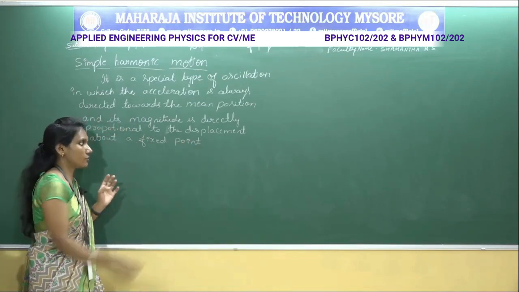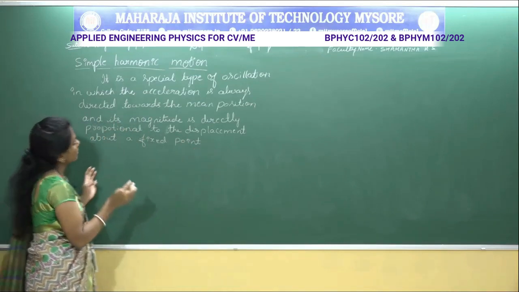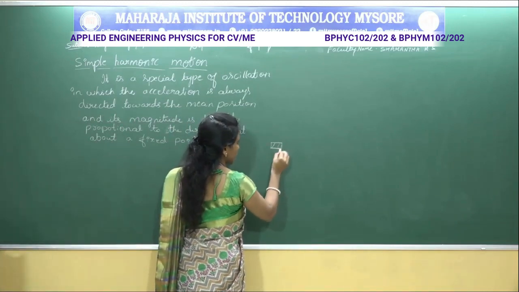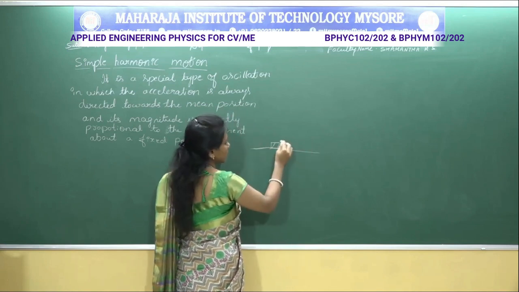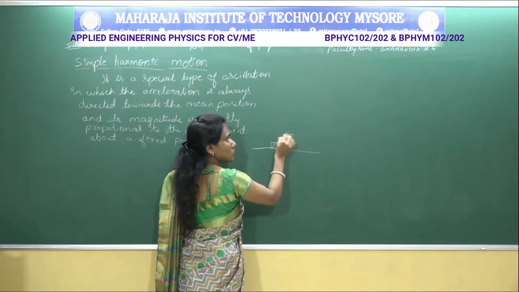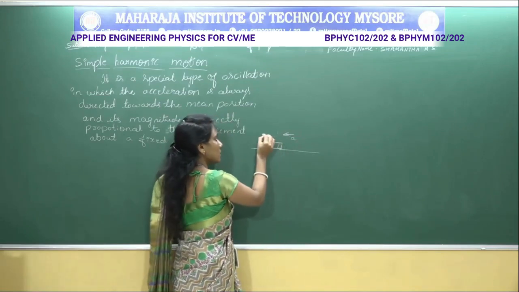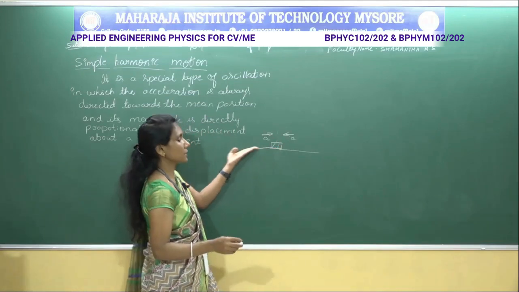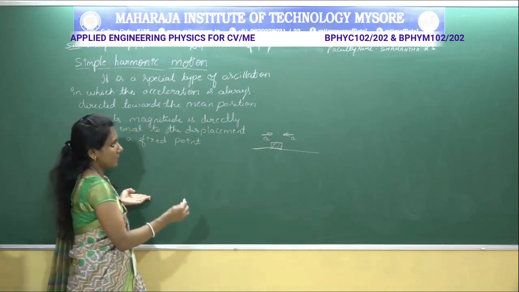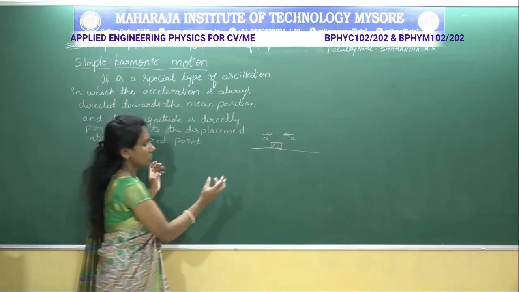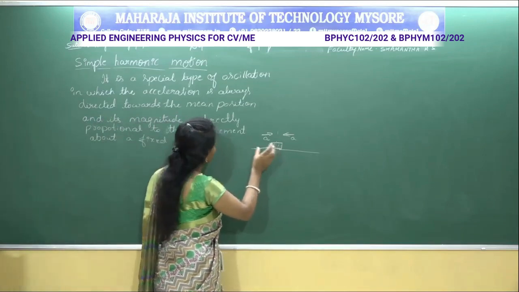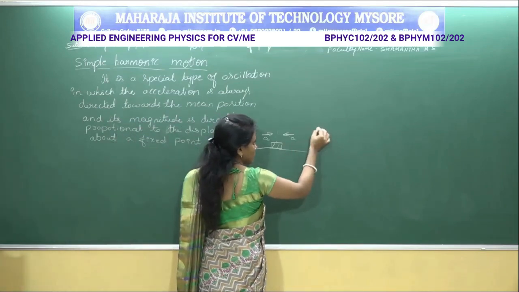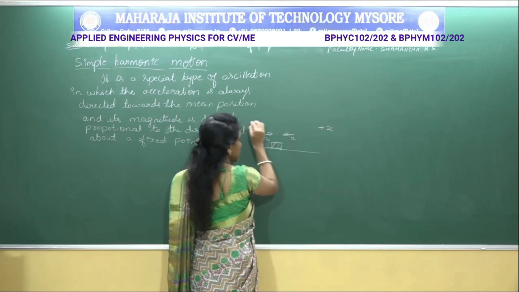So what happens when we consider a body that makes a to and fro oscillation? In this, the acceleration is always directed towards the mean position, whatever the displacement, and its magnitude is directly proportional to the displacement. The extreme position is the displacement, positive or negative.